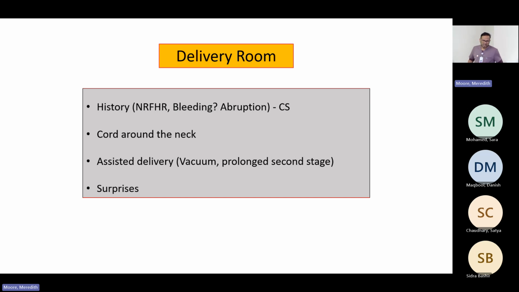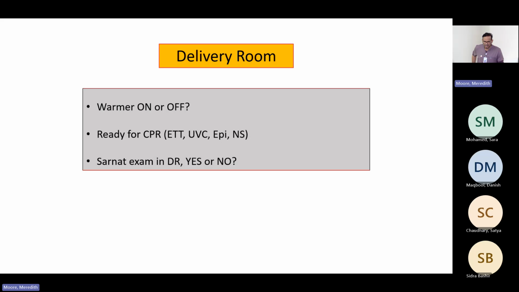Cord around the neck could be a possibility. Assisted delivery, any history suggesting a prolonged second stage, you're going to deal with shoulder dystocia. They're already working on it. For us neonatologists, if we are standing there and our OB colleagues are taking a longer time, our heart rate goes up. Fetal heart rate goes down and our heart rate goes up because we know what we're going to deal with. And of course, surprises are surprises.